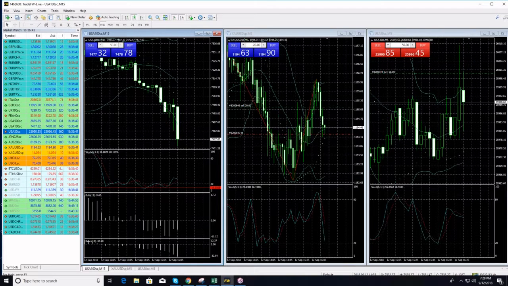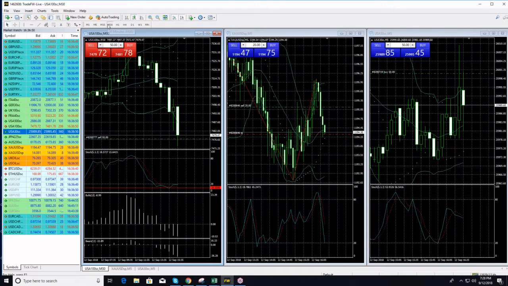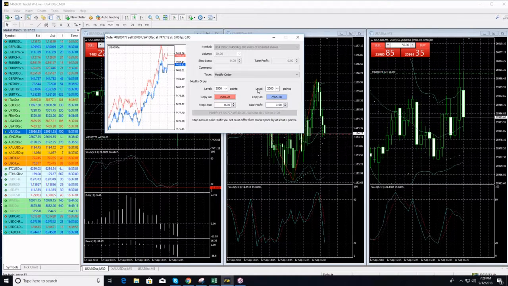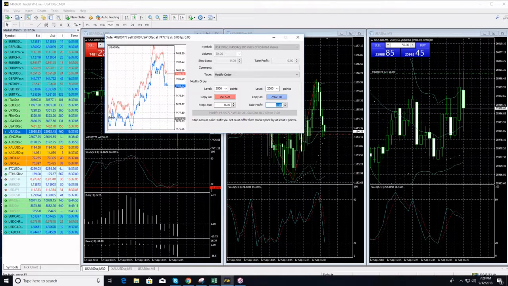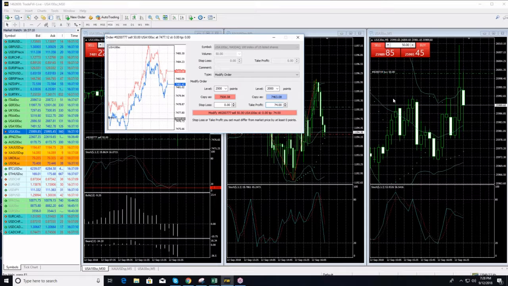Okay, I'm shorting again USA 100. And I will put now my take profit on this trade at 7,471.